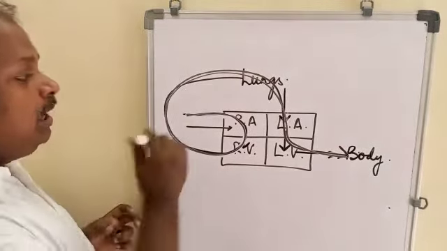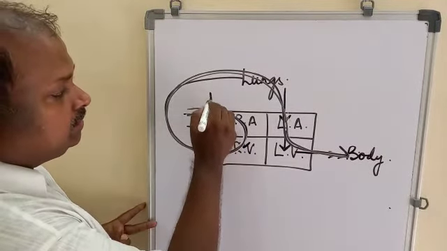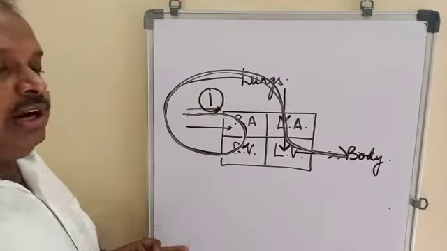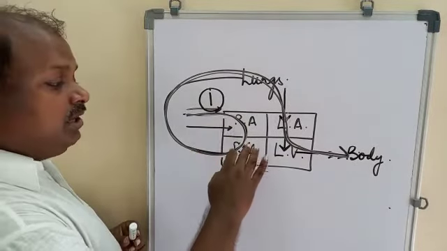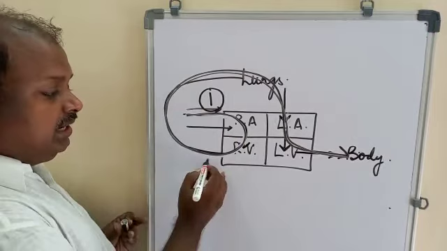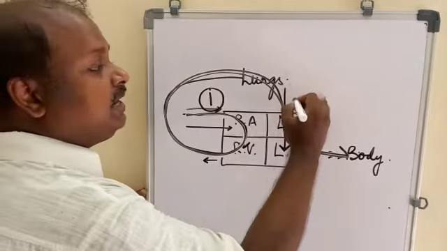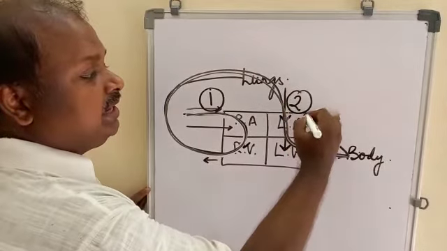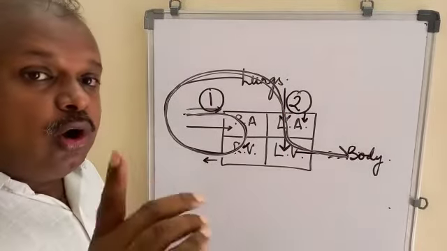Because the very first time the blood enters the heart through the right auricle, and from the right auricle it reaches the right ventricle, and again it goes out of the heart. And the very second time, it enters the heart through the left auricle, but the blood is oxygenated one.